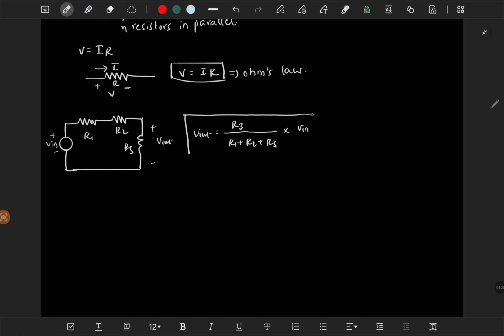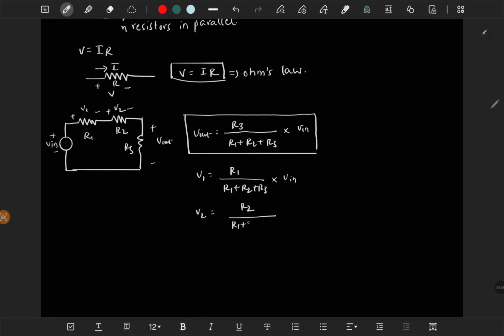This is the very simple voltage division rule. And if you take across the others, let's say these are V2 and V1, then V1 is R1 by R1 plus R2 plus R3 times the input voltage, and V2 is R2 by R1 plus R2 plus R3 times the input voltage.